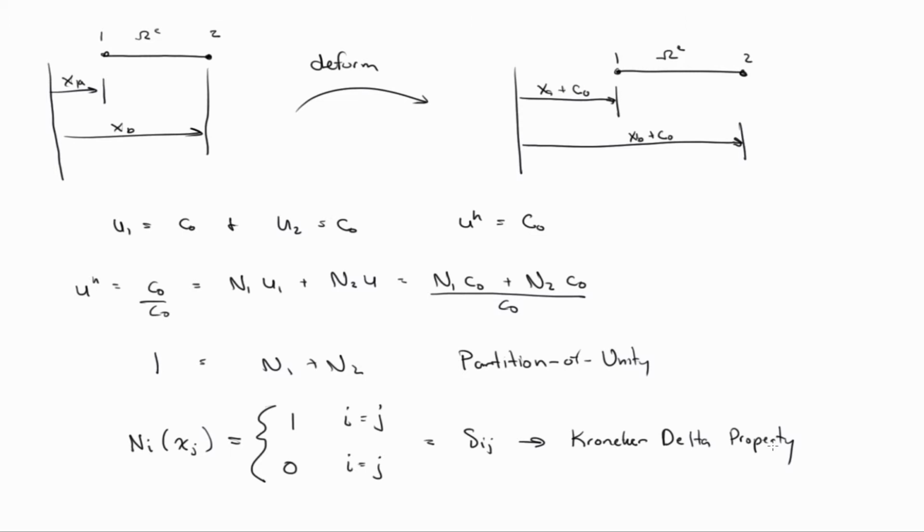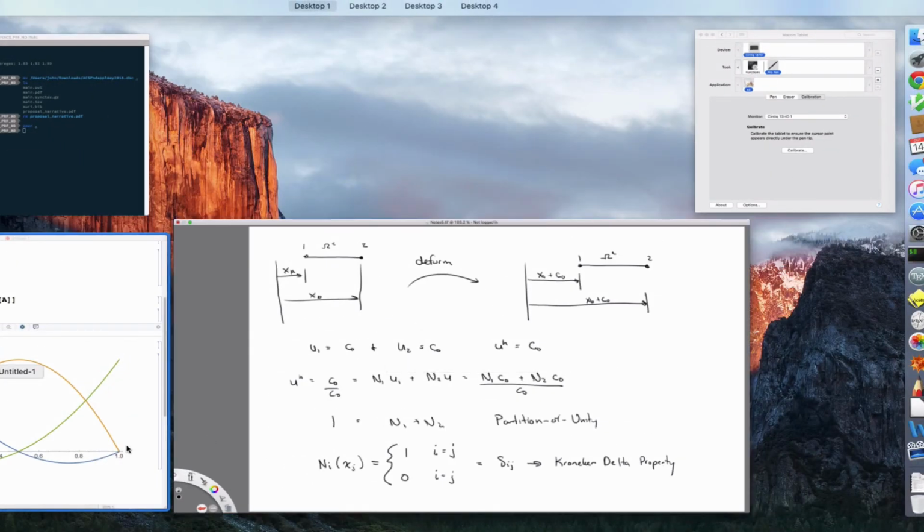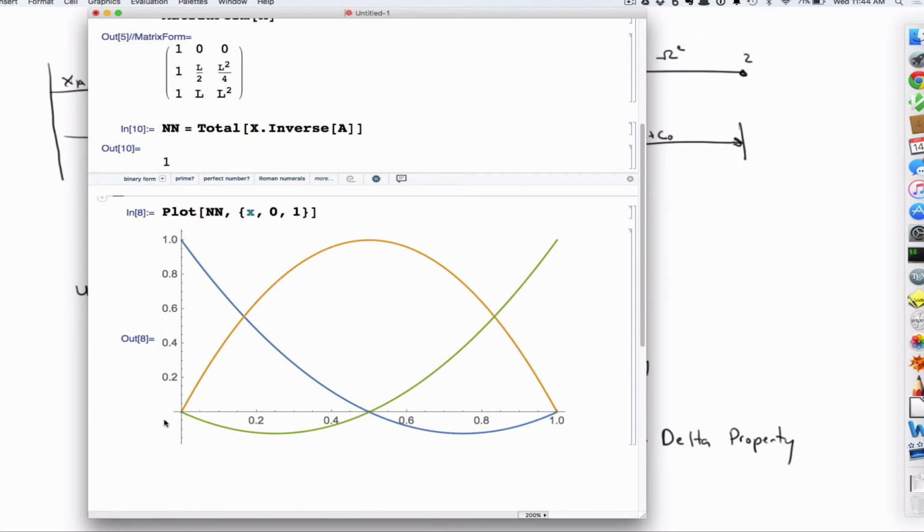We like interpolants that have the Kronecker delta property because it makes applying essential boundary conditions really easy. When we apply an essential boundary condition, let's assume we're talking about displacement, we're fixing the displacement of the nodes to some value, whether it be 0 or u0, whatever.